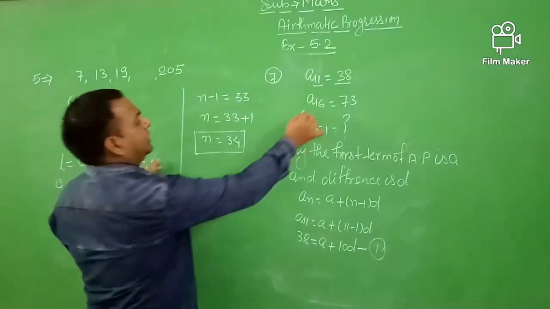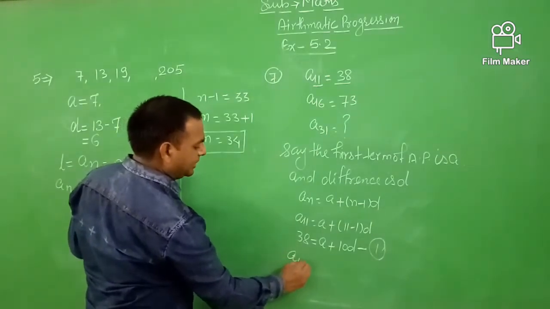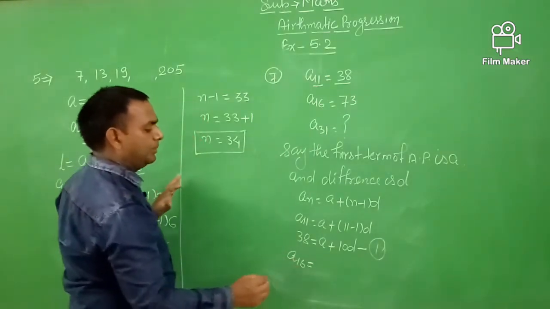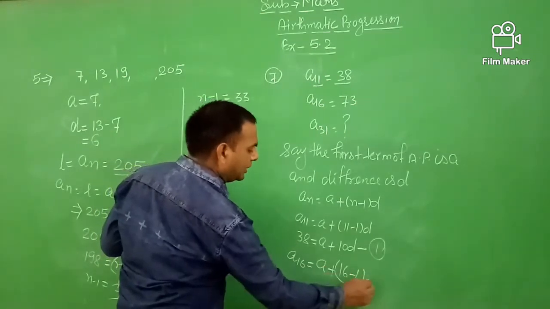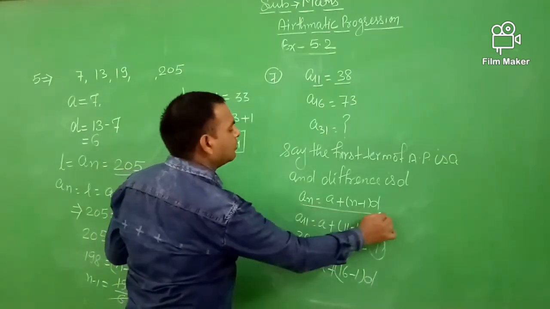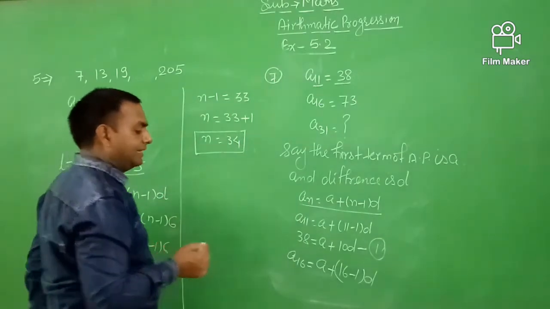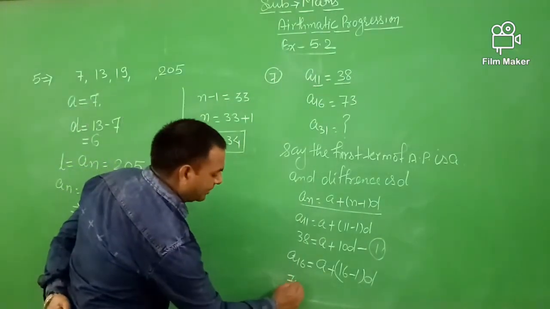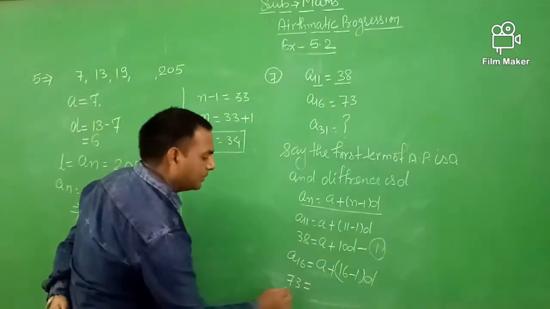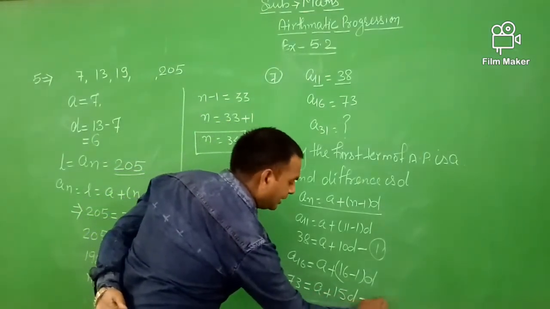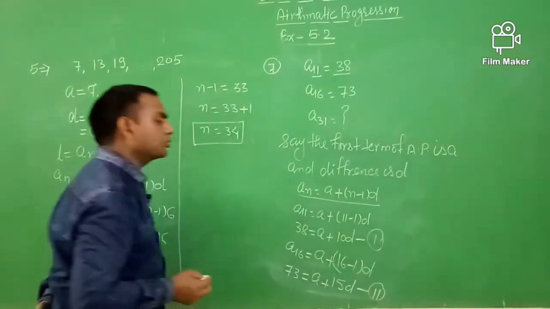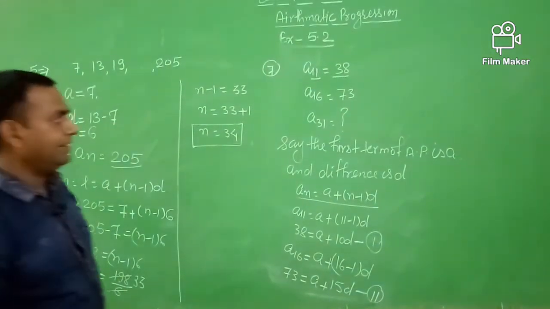Similarly, the 16th term, it means a16 is equal to a plus 16 minus 1 into d. You also put in the value in this formula. Then a16 is given, 73 is equal to a plus 15d. This is equation number second. You solve equation number first and second.